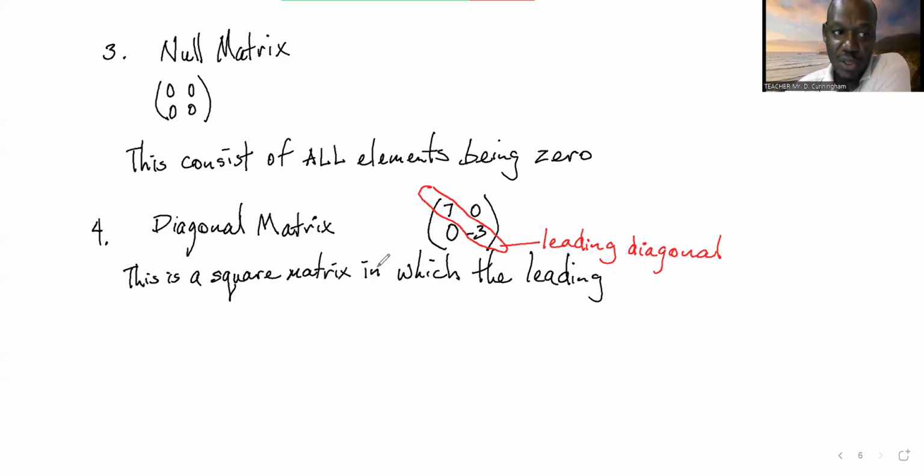And the other way represents the non-leading diagonal, which is this way.